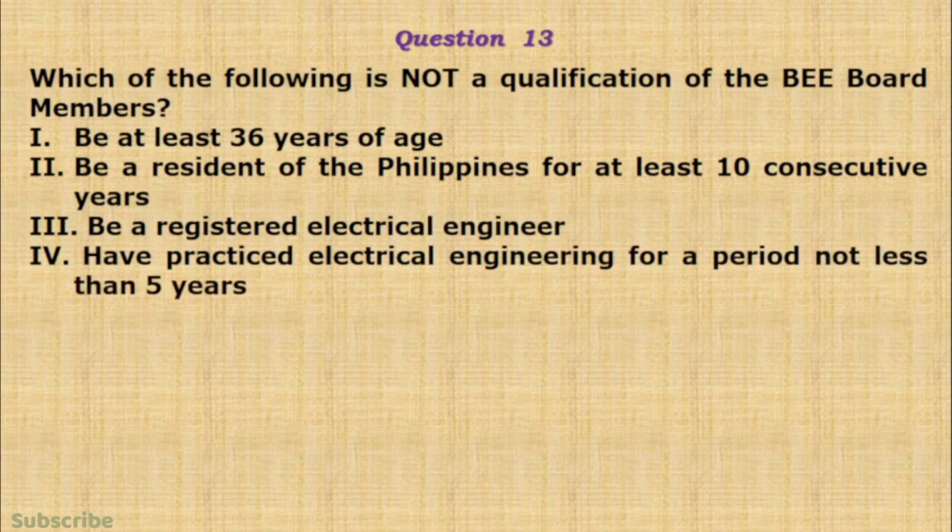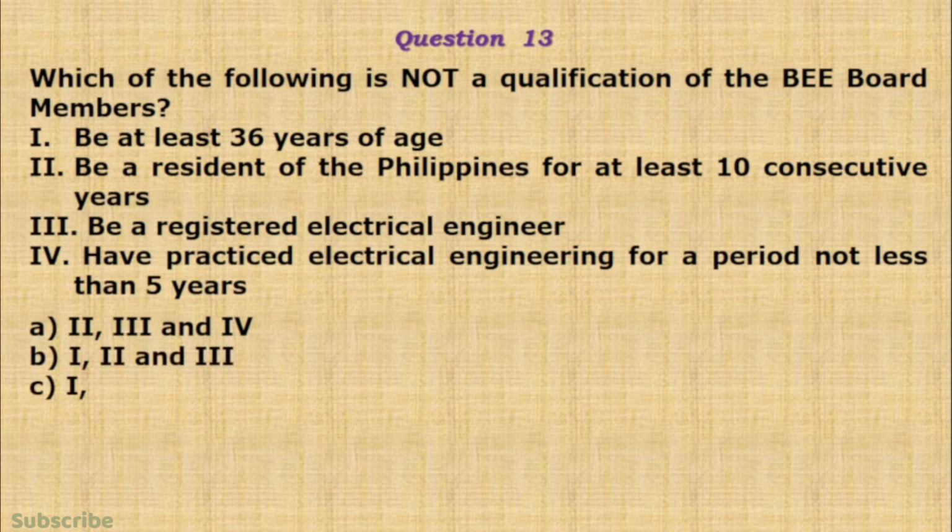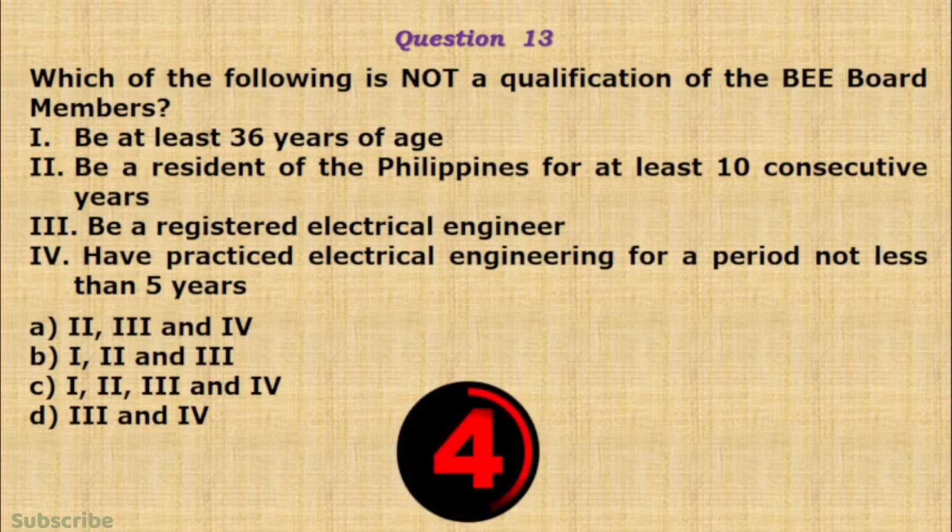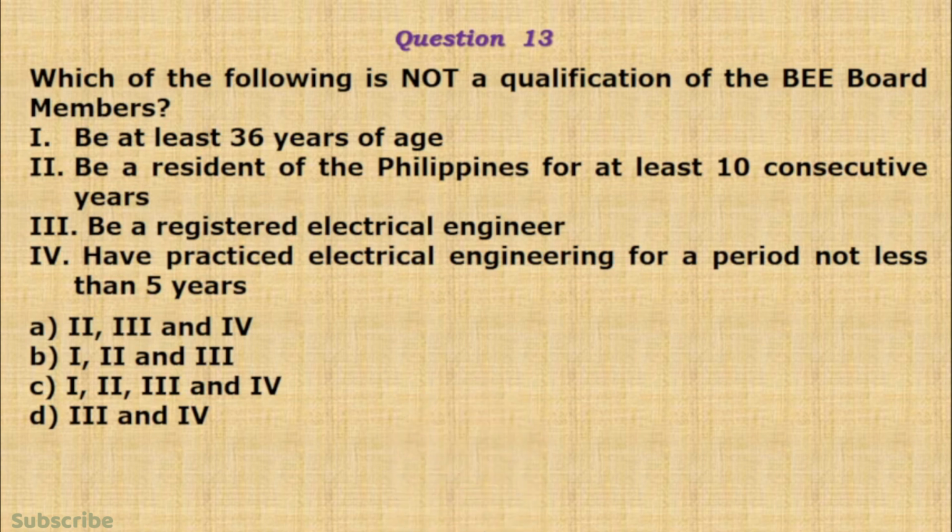A. 2, 3, and 4. B. 1, 2 and 3. C. 1, 2, 3 and 4. D. 3 and 4. The correct answer is letter C, 1, 2, 3 and 4.